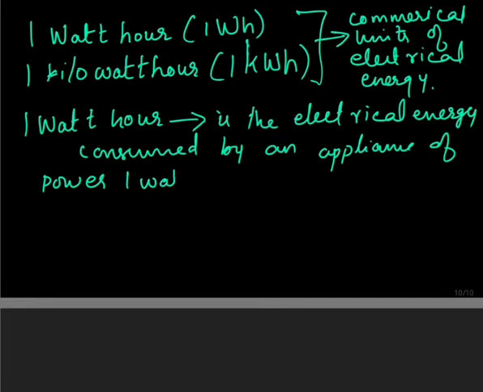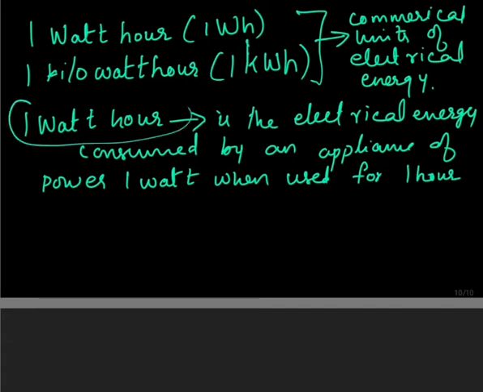That is, if you are having an electrical appliance of 1 watt, and if I am going to use it for 1 hour, then the electrical energy consumed will be 1 watt hour. So that is the definition of 1 watt hour. It is the electrical energy consumed by an appliance of power 1 watt when it is used for 1 hour.